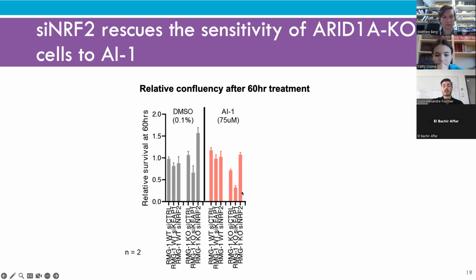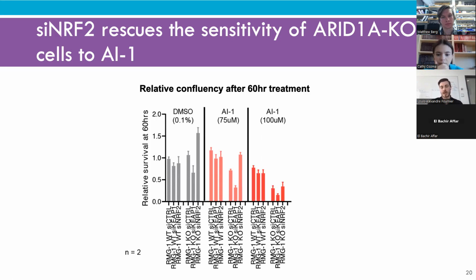And interestingly, if we knock down NRF2, this rescues the survival of these ARID1A deficient cells, suggesting that perhaps the dysregulation of NRF2 might be the cause of the synthetic lethality in these ARID1A deficient cells. This is also true at higher concentrations. We're testing this hypothesis at the moment with alternative approaches, but this so far is our main idea regarding the mechanism: that NRF2 dysregulation is somehow toxic in these cells.